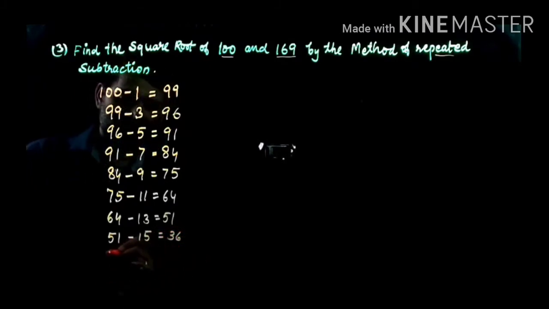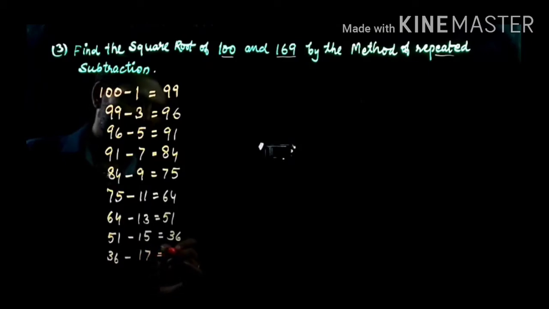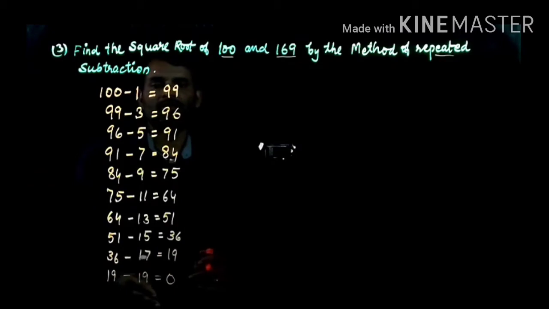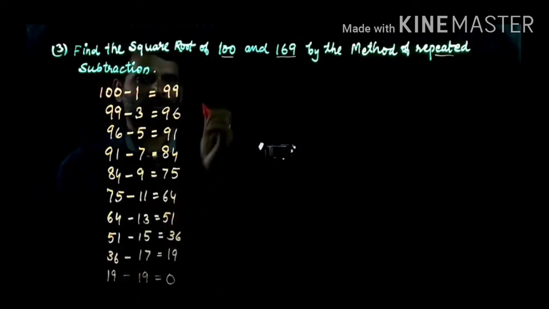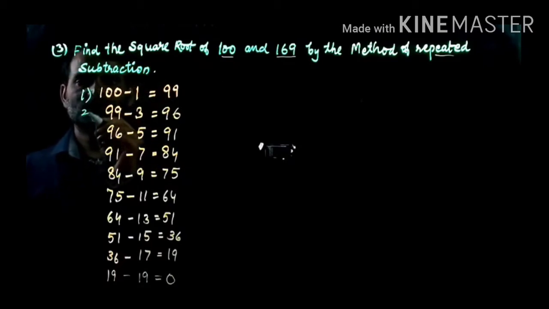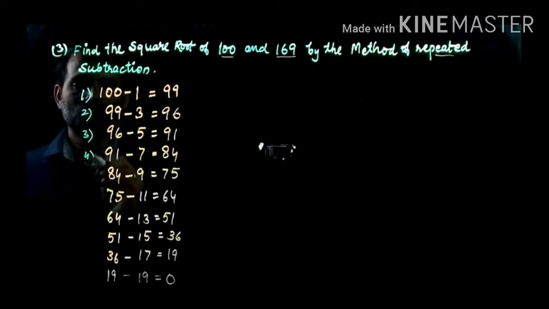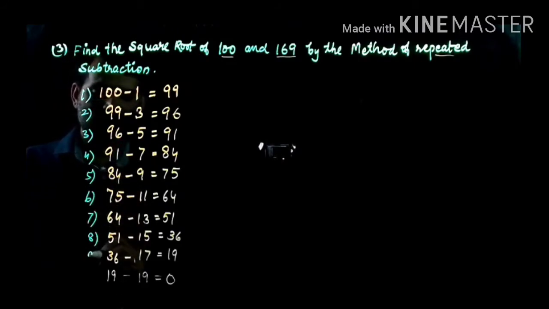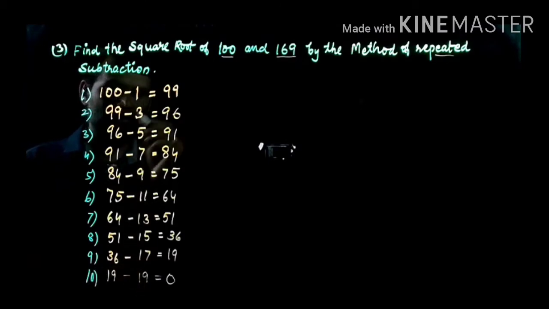Okay, and 36 minus 17 is equal to 19, and 19 minus 19 is equal to 0. Here we come to 0, so this subtraction method finishes and we count the steps. It means 1, 2, 3, 4, 5, 6, 7, 8, 9 and 10. There are 10 steps.